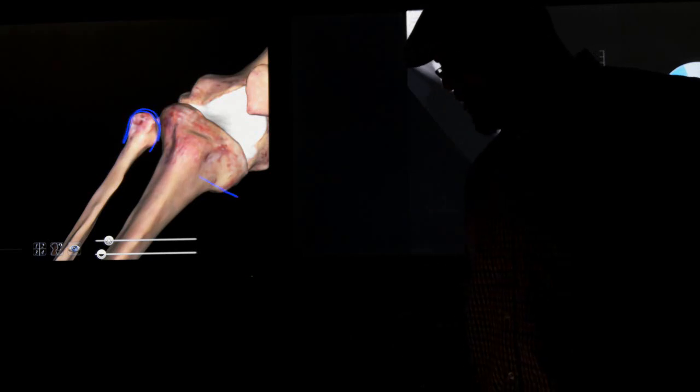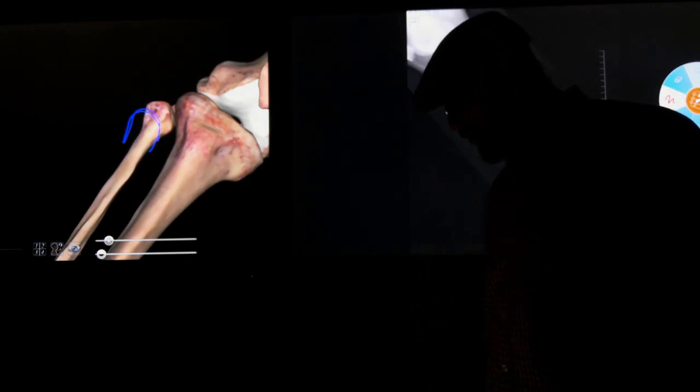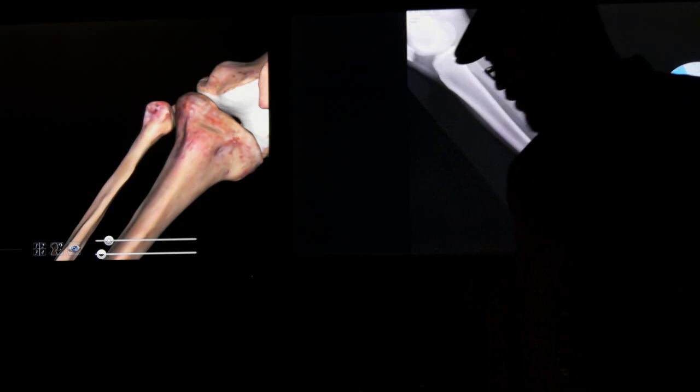So it's really awkward the way these come up, so just forgive me for a sec. Okay. You should be able to see that pretty well. The head of the fibula is here. And on your typical AP, when everything's square, it sits behind the tibia, okay? You don't really see it clearly. Just kind of pokes out a little bit.